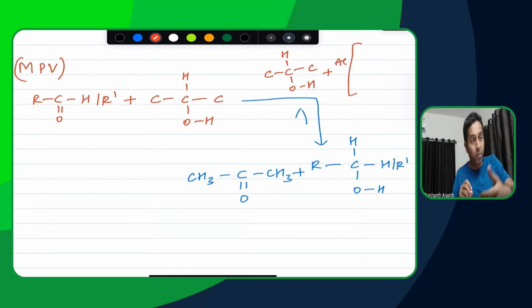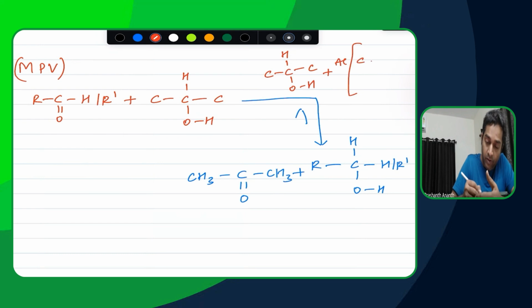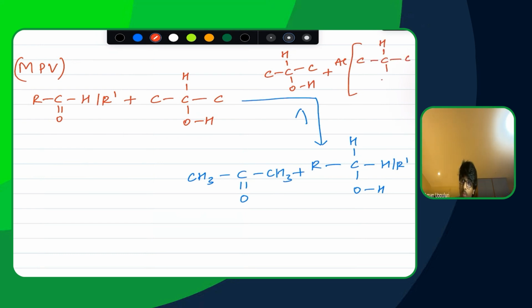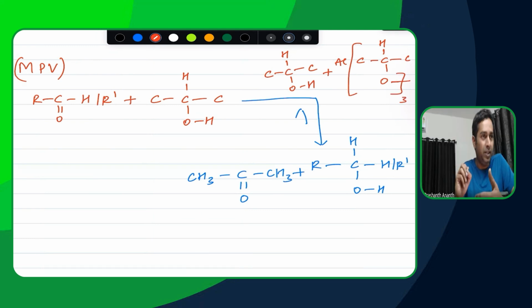Now, isopropoxide is going to look like this, thrice. Aluminum will be 3 plus, but technically let's not call it 3 plus. Let's just put it like this.